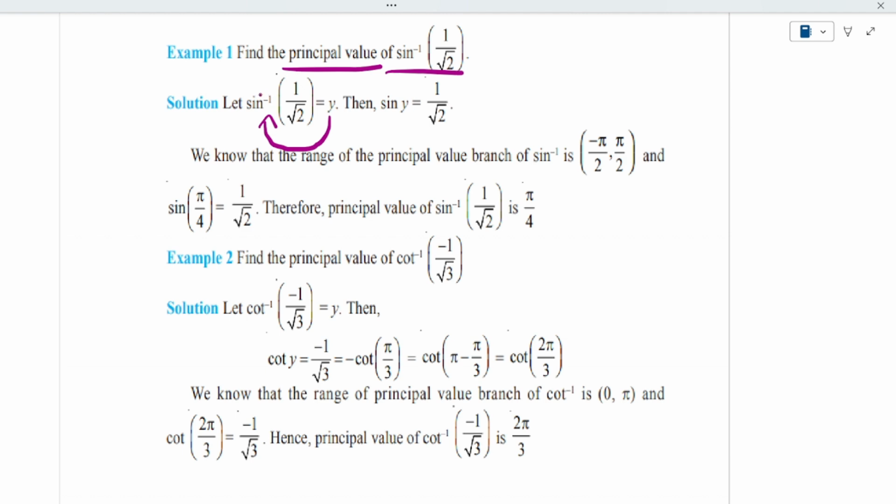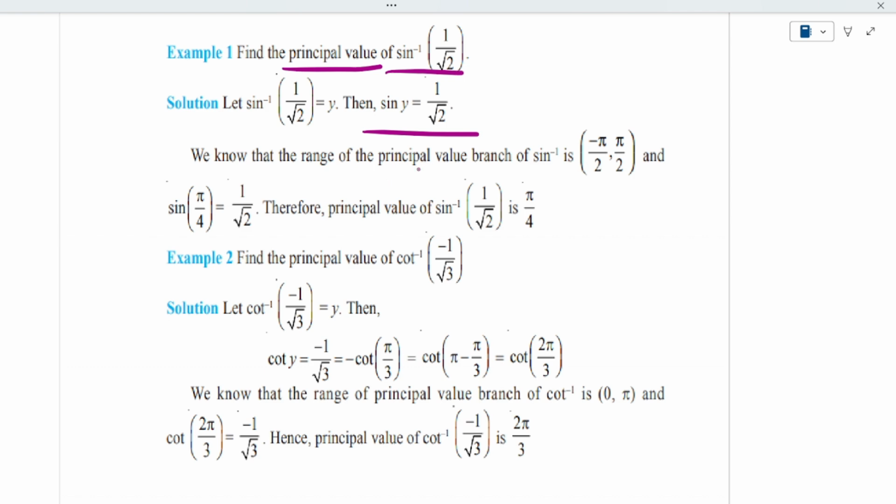So instead of that, sine inverse will become sine, and it will not become any negative value because it stays the same. I hope you understood how to shift this, and sine y will become 1 by 2. I hope you got this step.